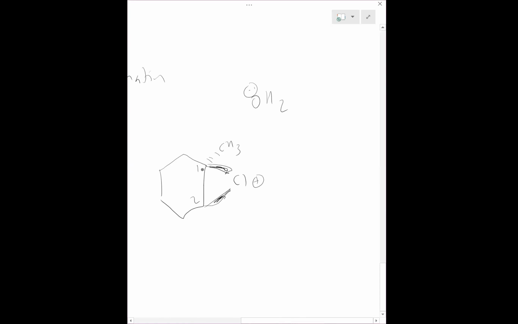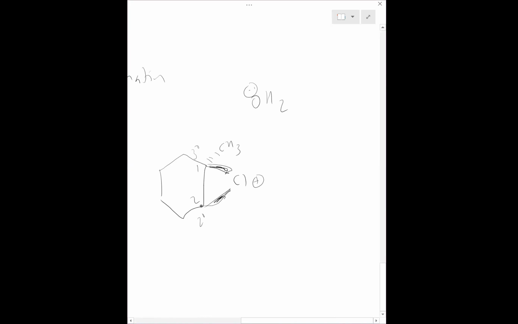What kind of carbon is carbon 1? Primary, secondary, or tertiary? Yes, tertiary. Carbon 2 is secondary. Notice carbon 1 is bonded to this carbon, and CH3. This one is bonded to just 2 carbons. So this one's tertiary, this one's secondary.